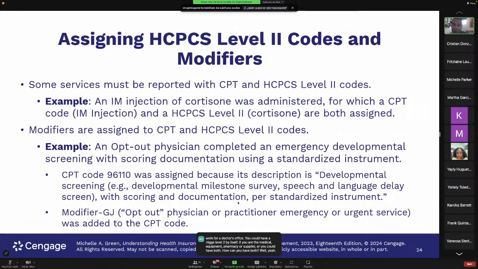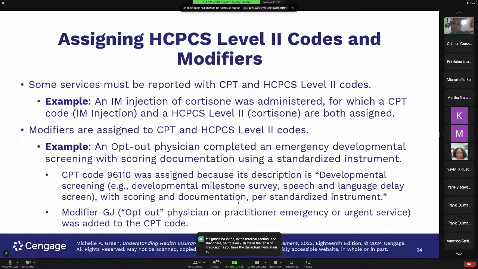Well, you have a procedure that is given a visit or a procedure given by the doctor, plus something that is in the HCPCS level 2 codes. Perfect example is the first one, an IM intramuscular injection for a patient, and then the code for the CPT injection is going to be in the medical section, and then the HCPCS level 2 in the table of medications, you have the actual medication.